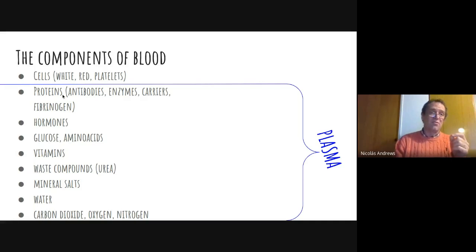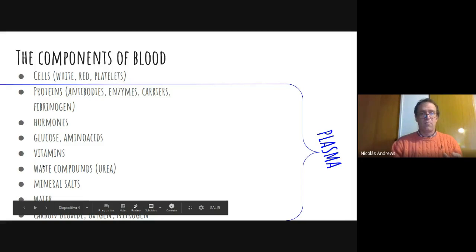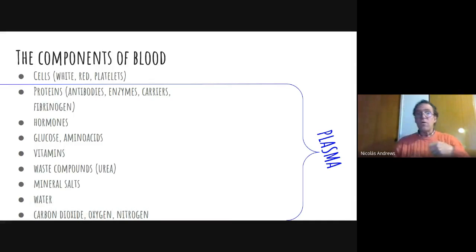If there is a difference between a cell and a protein, a cell is made of millions and millions of molecules of proteins. A protein is at the same time many times bigger than any of these components, even glucose and amino acids. Remember that a protein is made of no fewer than 100 amino acids joined together. So a protein might be 100 times bigger already than this group.